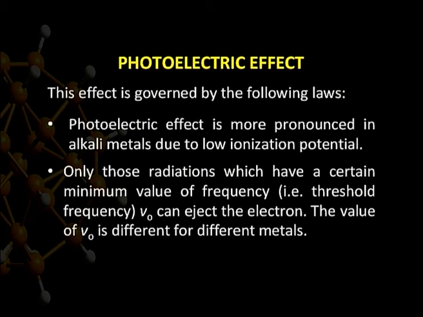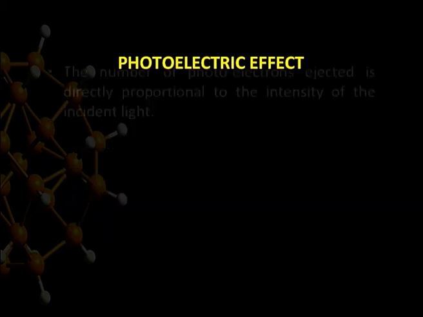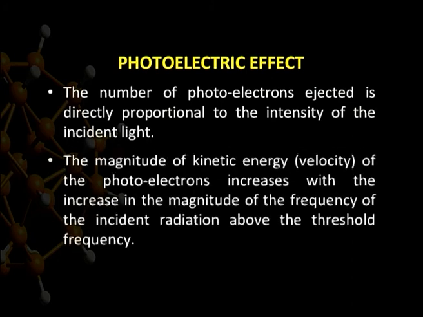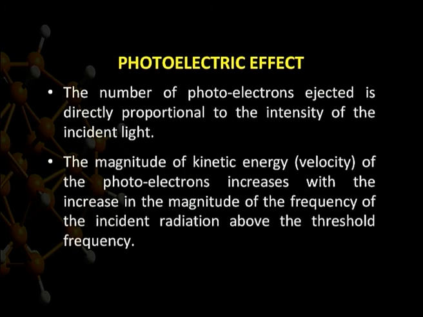The value of nu 0 is different for different metals. The number of photoelectrons ejected is directly proportional to the intensity of the incident light. The magnitude of kinetic energy and velocity of the photoelectron increases with increase in the frequency of incident radiation above the threshold frequency.